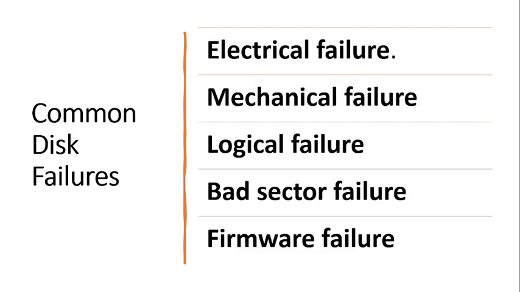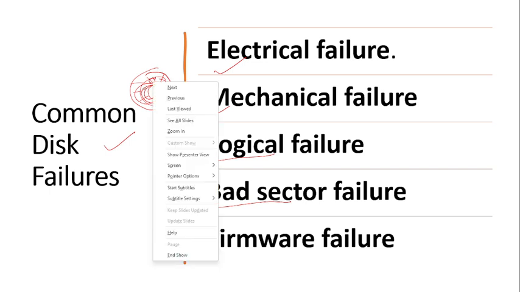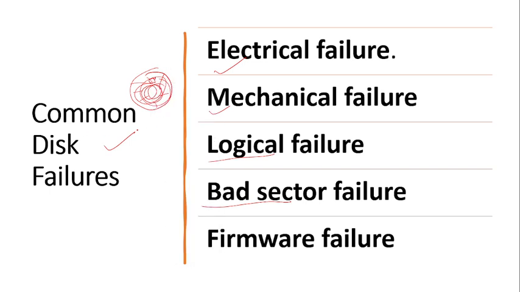The common types of disk failures are electrical failure, mechanical failure, logical failure, and bad sectors failure. A hard disk is divided into different tracks and sectors, and within small sectors there are blocks, and there is a chance of failure of these blocks.